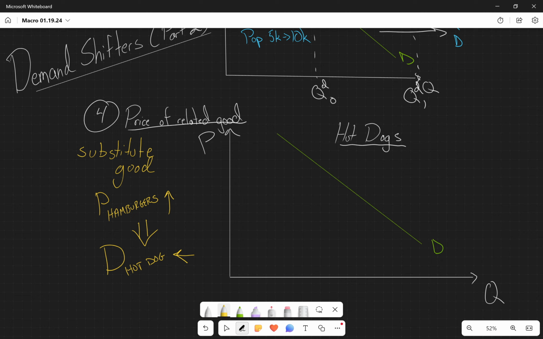We could think about it as a decrease in demand, but for reasons that we'll see when we start to talk about supply shifts, it's easier for us to talk about inward shifts of demand or leftward shifts of demand rather than a decrease in demand.